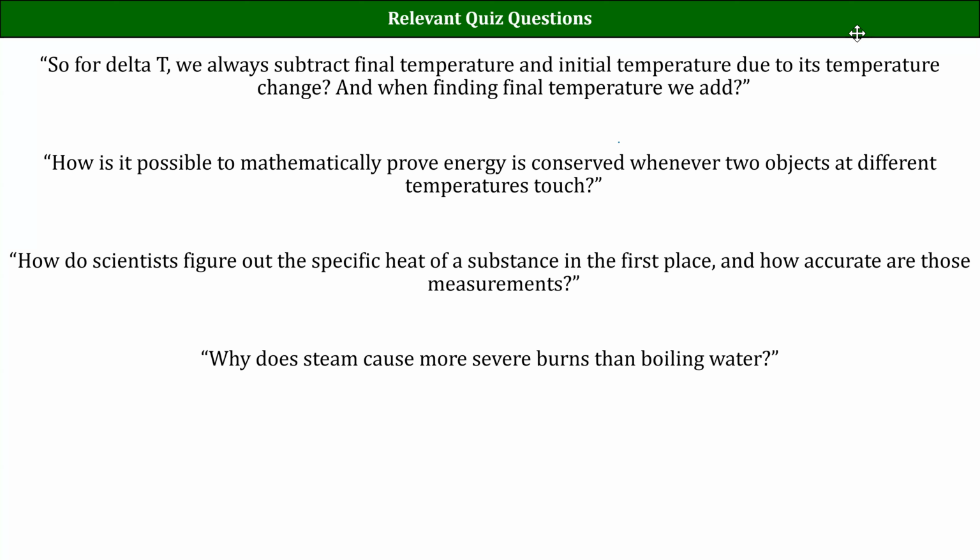That is the definition of delta. Delta of anything means the final value minus the initial value. So delta, the change in time, is going to be your final time minus your initial time. Your final weight minus your initial weight. Delta always means final minus initial.